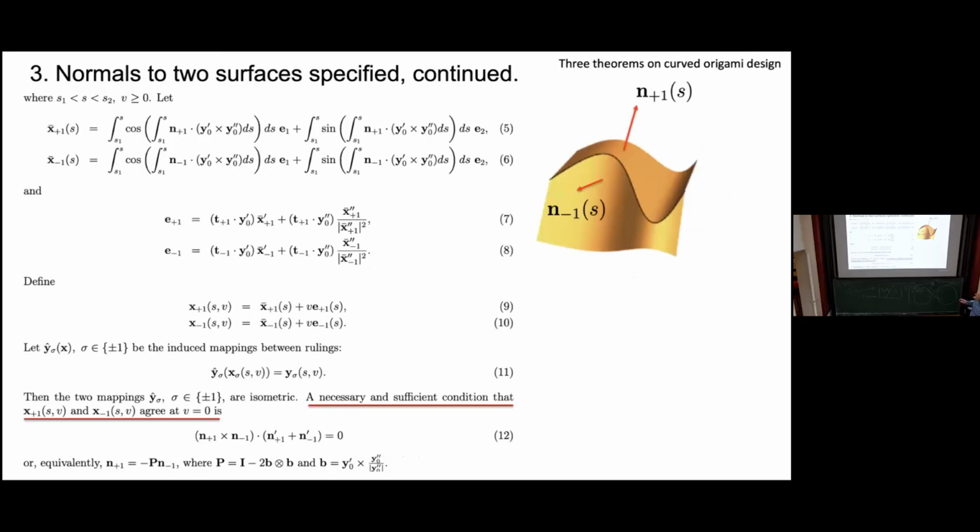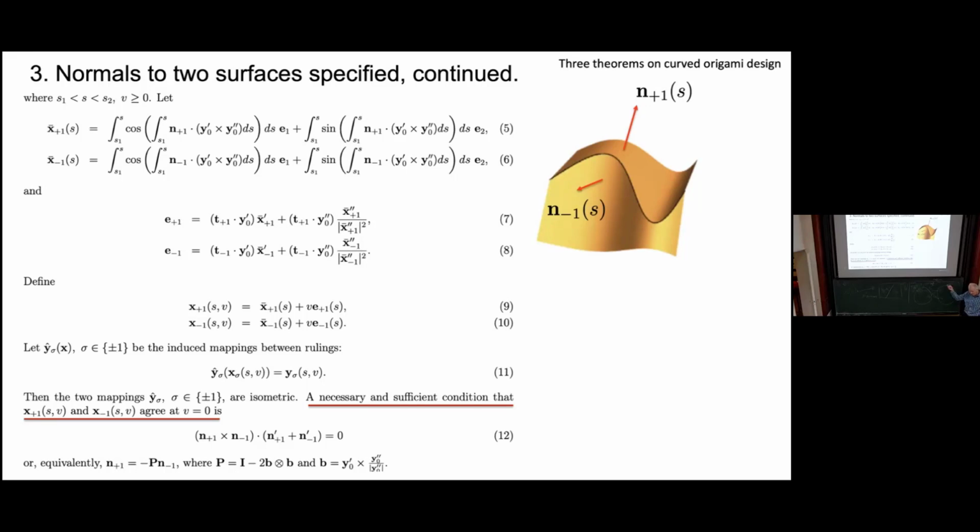There are the rulings for the reference crease, and the reference rulings written out. Then you take the induced mapping between rulings, and you prove it's isometric. The reason it's written this way is that this gives two curves, or two formulas, for the reference rulings, and the condition that they agree at the crease is this condition.